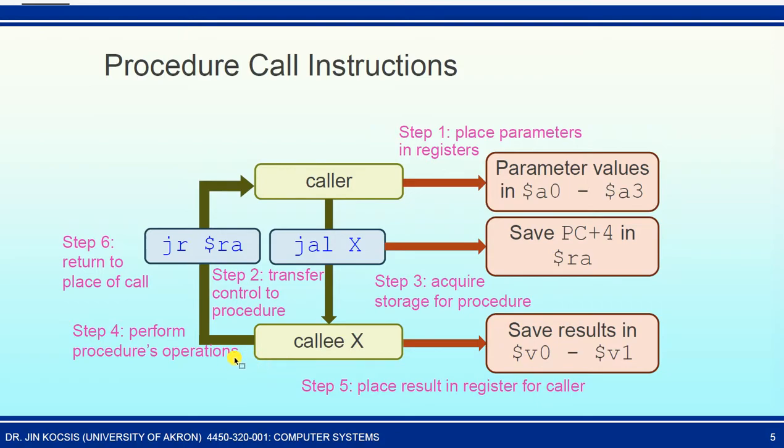After that, it begins to implement its own procedure. After it finishes, it gets ready to return the control back. But before that, it needs to prepare the return value and put it into the general purpose registers V0 and V1. After preparing that, it calls jump and return followed by RA to return to the main procedure. The main procedure receives the return value by accessing V0 and V1, and then this whole procedure is finished. I hope this is clear to you all.